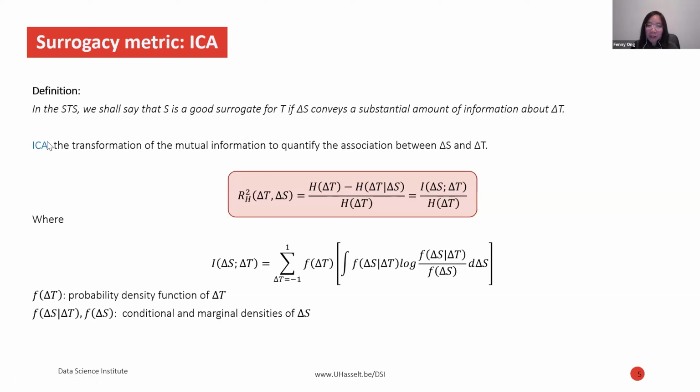In order to have a nice interpretation, it is also important to ensure that the value of ICA lies within a unit interval, so we propose this transformation of the mutual information. It's also important to note that ICA is generic and model independent, but we need to specify a joint causal inference model for the potential outcomes to estimate this metric.